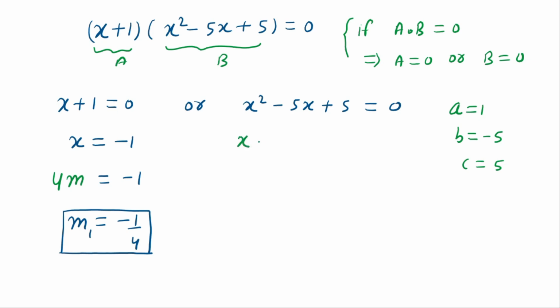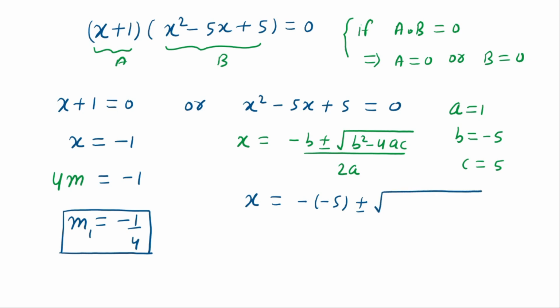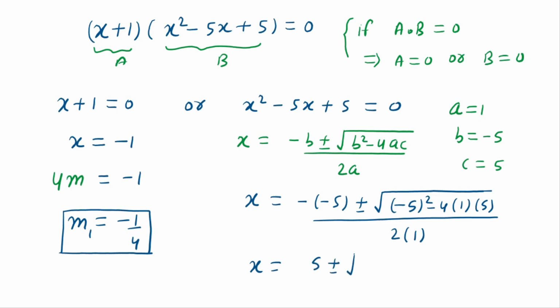And we know the quadratic formula, x is equal to −b ± square root of (b² − 4ac) divided by 2a. Then x is equal to −(−5) ± square root of ((−5)² − 4 × 1 × 5), divided by 2 times 1. So x is equal to 5 ± square root of (25 − 20) divided by 2.